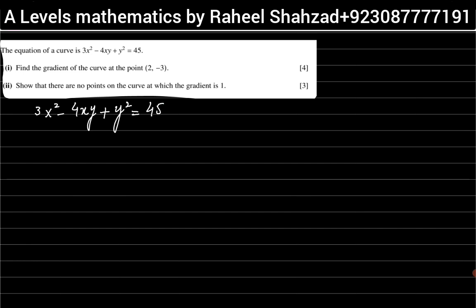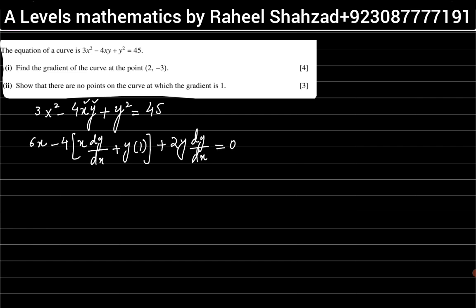So what we are going to do is differentiate it. That will be 6x minus 4, and we apply the product rule here: first function as it is, derivative of second, plus second as it is, derivative of first, plus y squared will be 2y dy by dx, because the power rule applies on y. This is equal to the derivative of 45, which is 0.